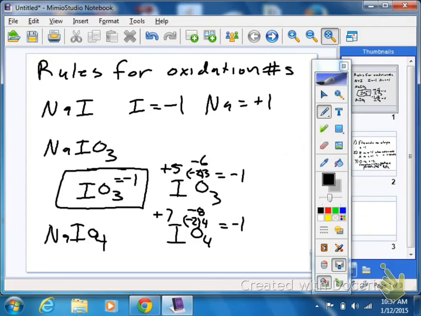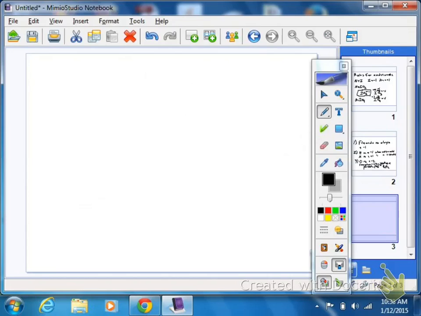So always pull out the polyatomic ion to solve for that unknown in these compounds that have polyatomic ions in them. Okay? So what I'm going to have you do to practice this concept for tomorrow is give you 4 examples where you're going to have to write the oxidation number of each element. Okay? Not the hardest one, but each one. Some of them you know for sure because you just look them up on the periodic table.